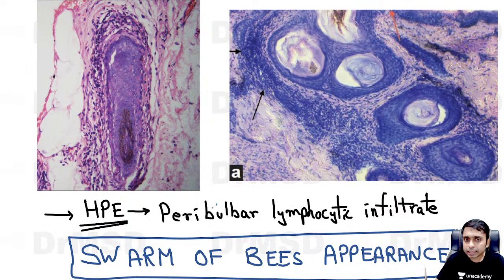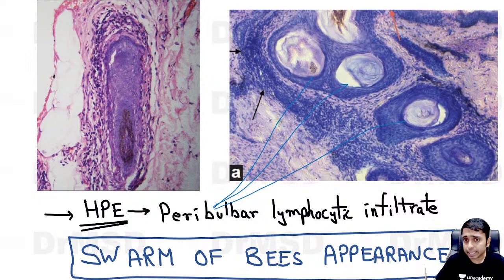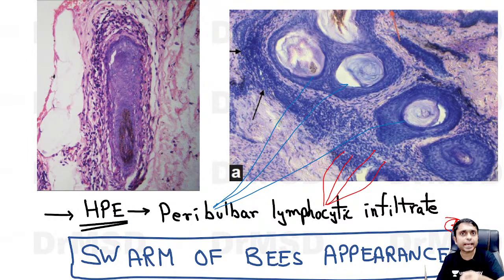You are able to see these are the hair bulbs, and adjacent to the hair bulbs, the lymphocytes are forming a swarm of bees-like appearance. Because of these lymphocytes causing damage, the growth of the hair will be halted. That is the reason the proximal part is very thin in appearance.